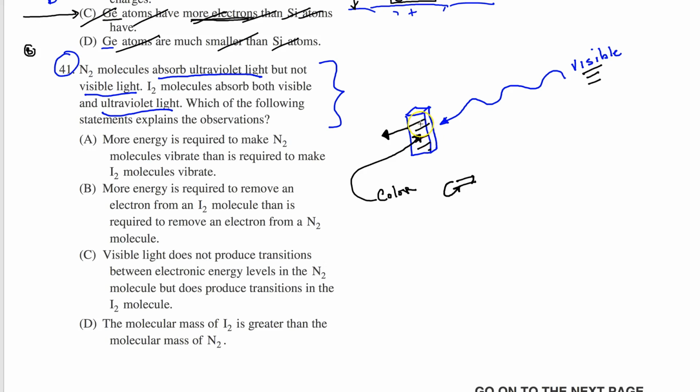are colored because essentially parts of the visible spectrum are exciting electrons from one energy level to another, and they're using that specific energy that's measured by E equals Planck's constant times the frequency of a photon.